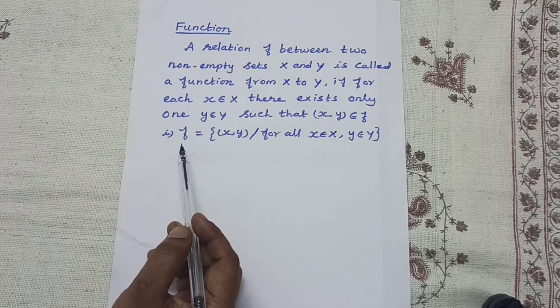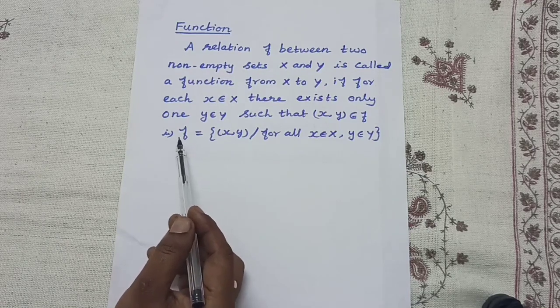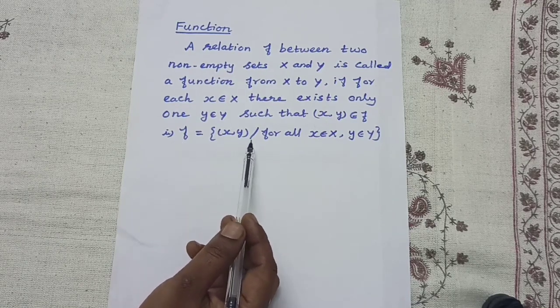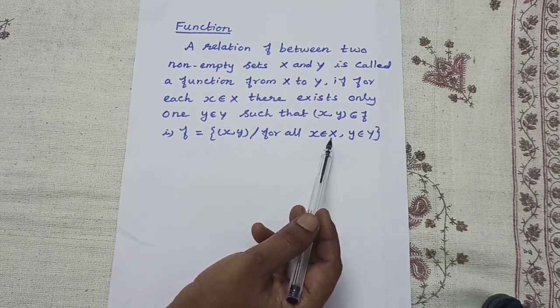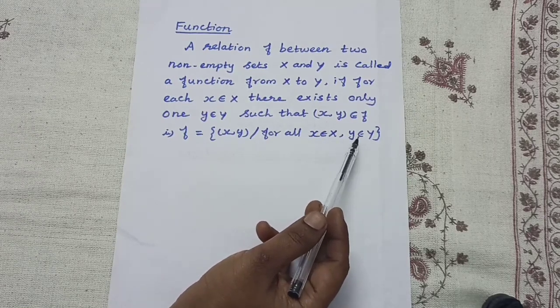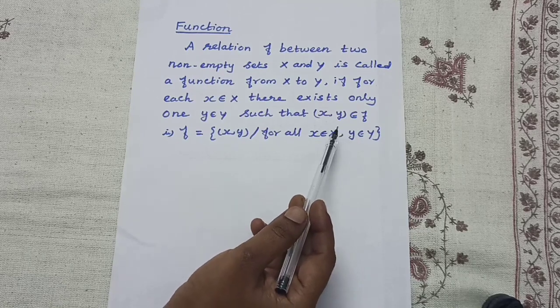That is, we can write f is equal to the set of (x, y) such that for all x belongs to capital X, y belongs to capital Y.